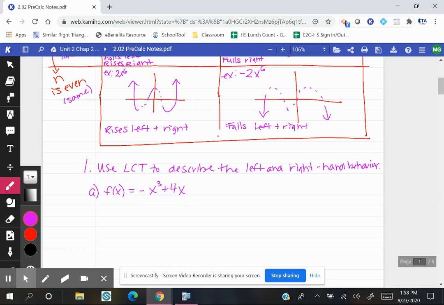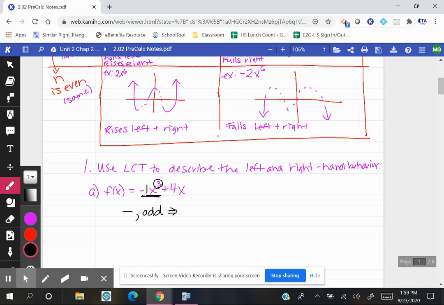So again, we're focusing right here on our highest exponent, our lead term. First, we notice it's negative because it's a negative 1 in front of the x as our coefficient, and the exponent is odd. So that tells us two things.